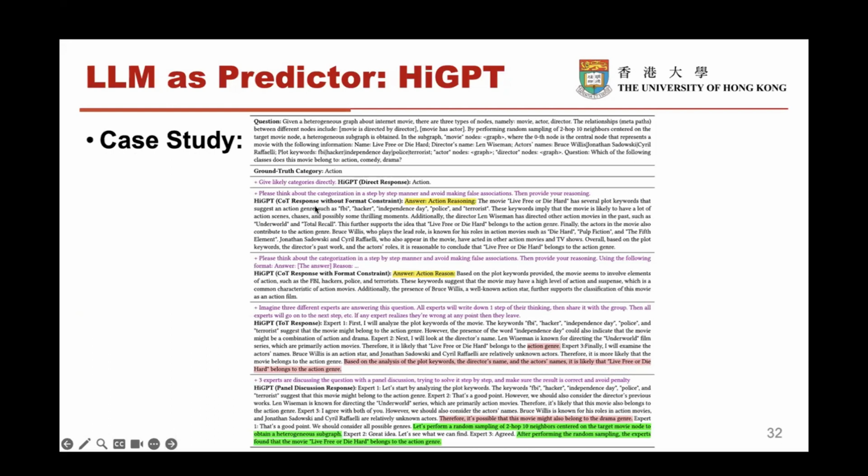But I'm not sure whether HiGPT can summarize the content of a movie or a paper. Is that the scope of your work, or do I think something wrong?